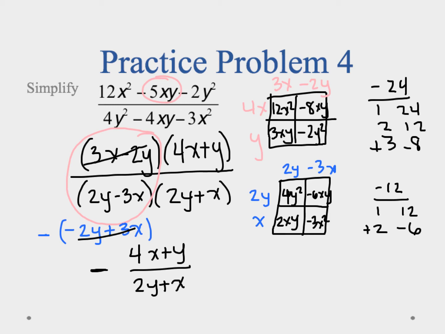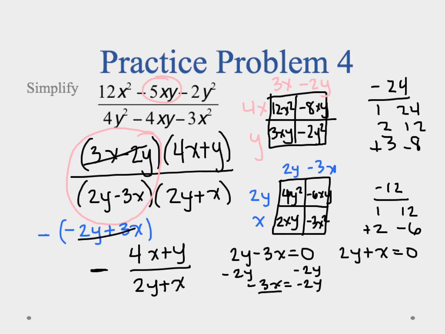And this is not true when 2y minus 3x equals 0 and 2y plus x equals 0. And what I'm going to do is just solve for x. So minus 2y, negative 3x equals negative 2y divided by negative 3.